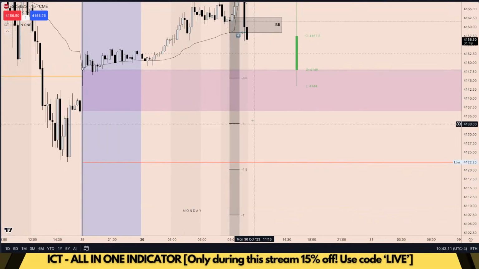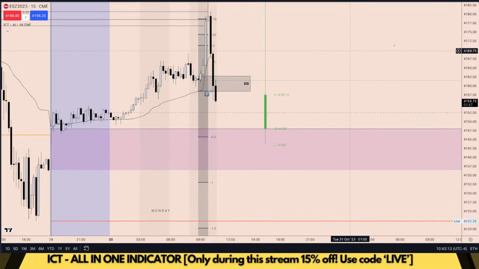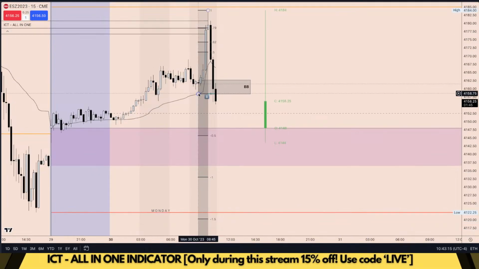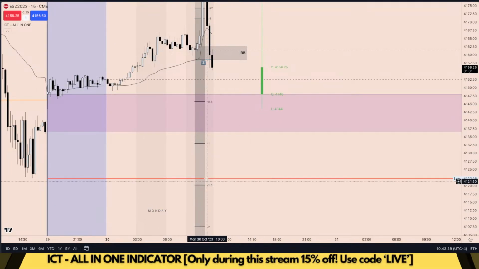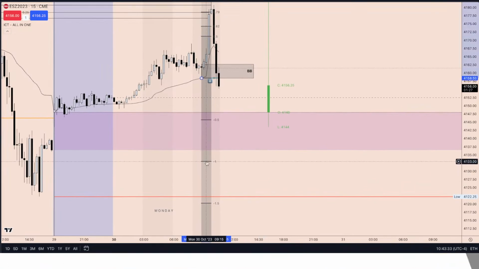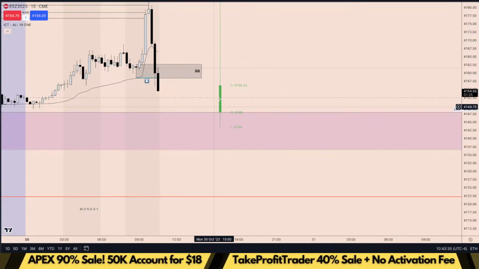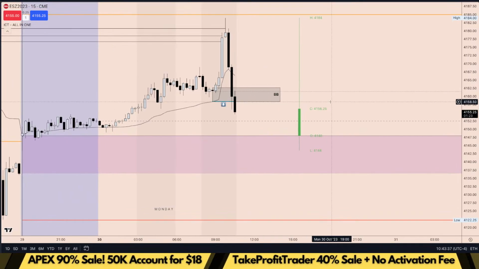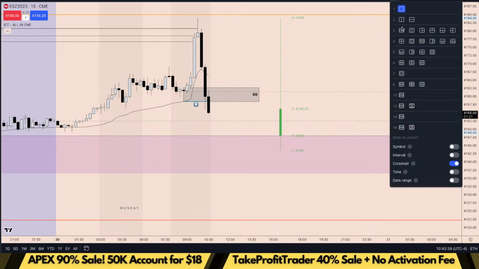If we draw a box, for example here, duplicate that box and put it right here at this low, one standard deviation would carry us below the new week opening gap, and 1.5 would deliver us into the previous week's low sell side liquidity pool. Realistic in my opinion. We are about to get that 15-minute close.